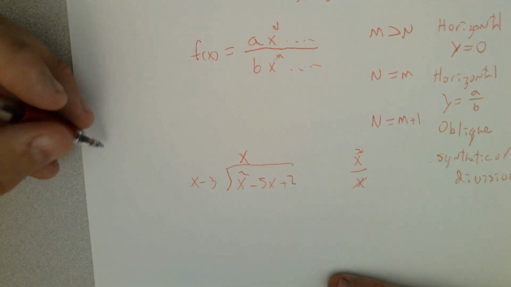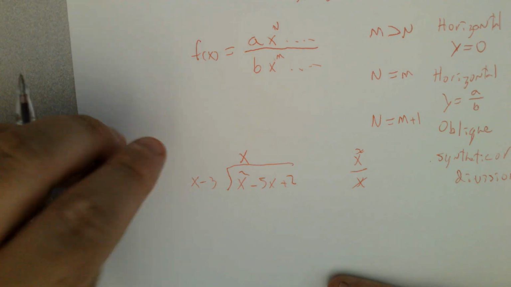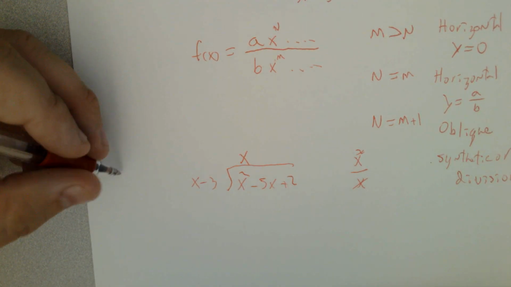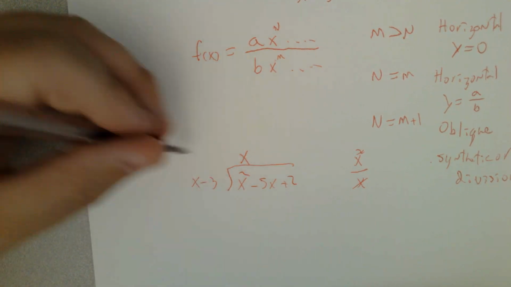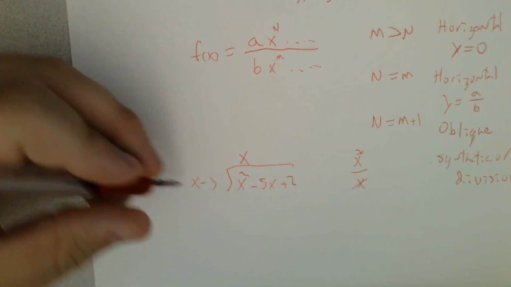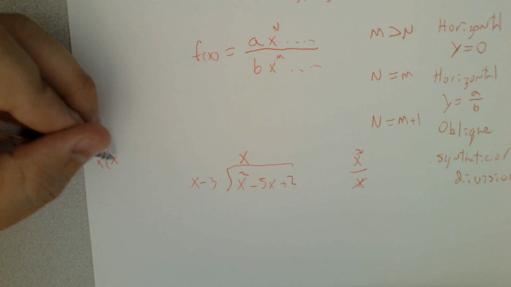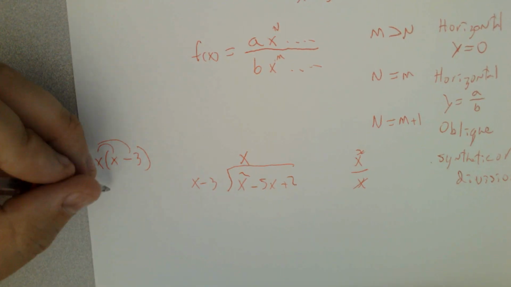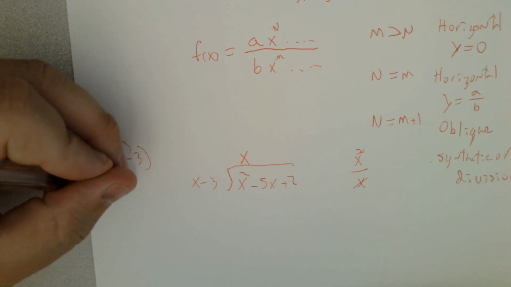Then I jump over to the left. Again, you can do this anywhere. I just like to keep these separate so I know where everything is. I just do it in a very formulaic manner. And I'm going to take this x that I just found, and I'm going to multiply it by the quantity I'm dividing by, x minus 3. So I do that distribution. It gives me x squared minus 3x.